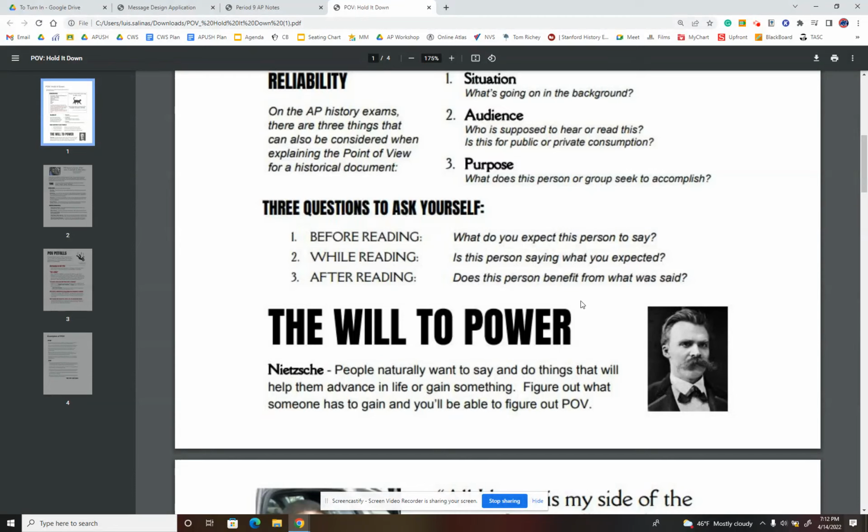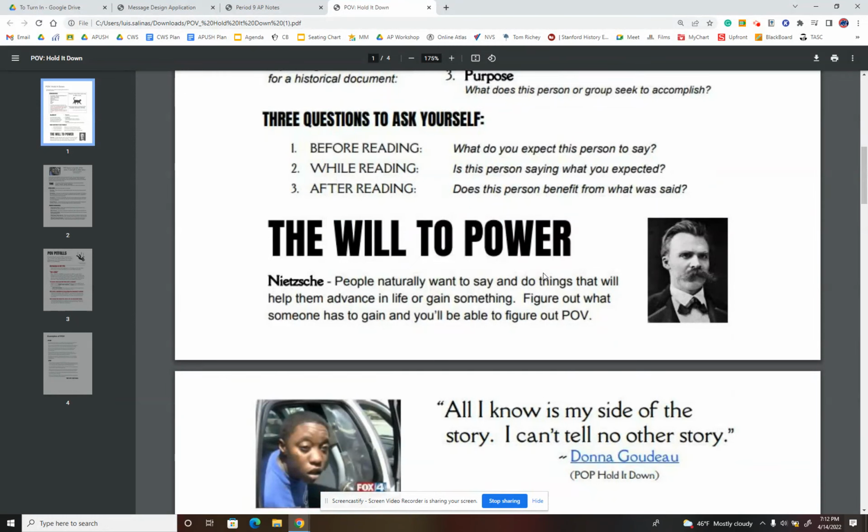And then after reading, does the person benefit from what was said? And then I break down here, I have a nice little image. The willpower: people naturally want to say good things or do good things to help them advance in life and gain something. I think this is true of most people in the history of the world. People do things for their interests. People are selfish by nature. So if I figure out what someone has to gain, I'll be able to find the point of view.